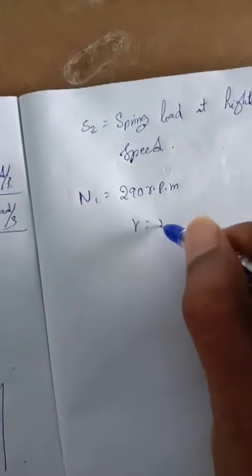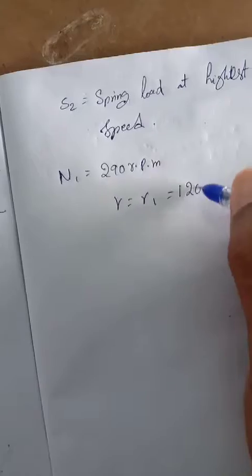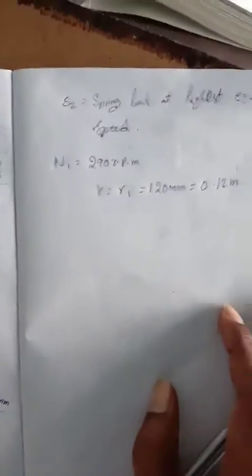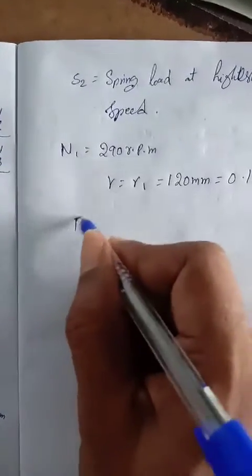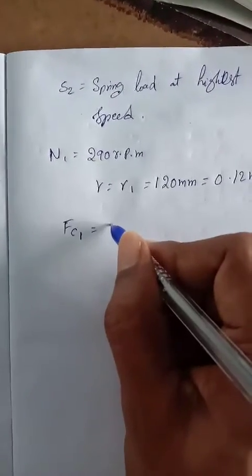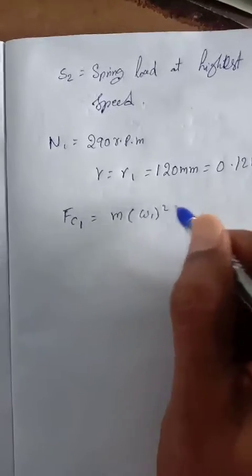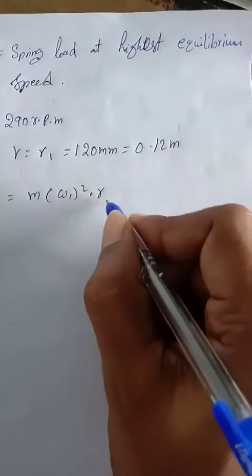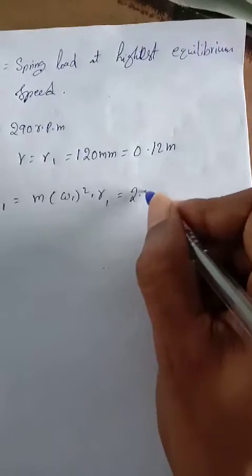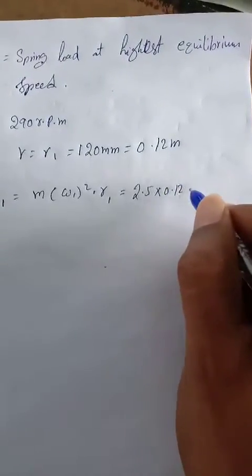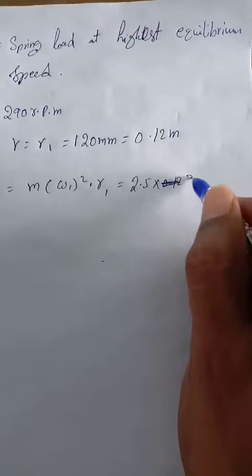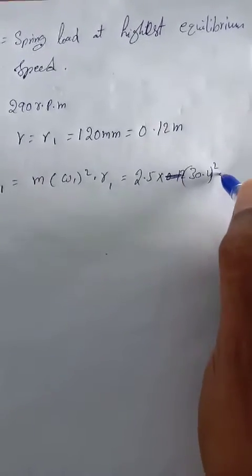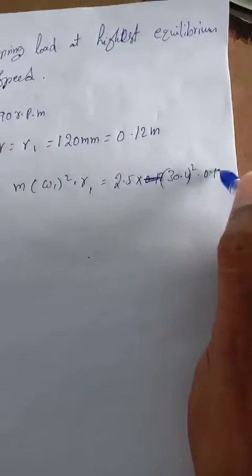Since the ball arms are parallel to the governor axis at the lowest equilibrium speed, N1 is equal to 290 rpm, r is equal to r1, that is 120 mm, that is 0.12 meter. So we know that centrifugal force at the minimum speed Fc1 is equal to m omega1 squared r1, so 2.5 into 30.4 whole square into 0.12.